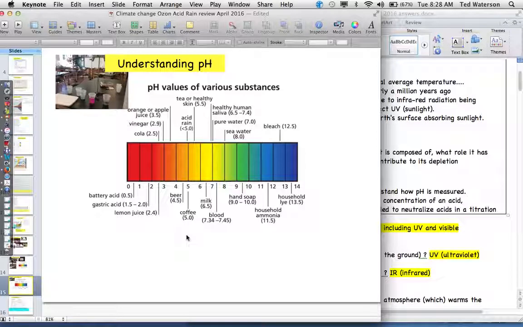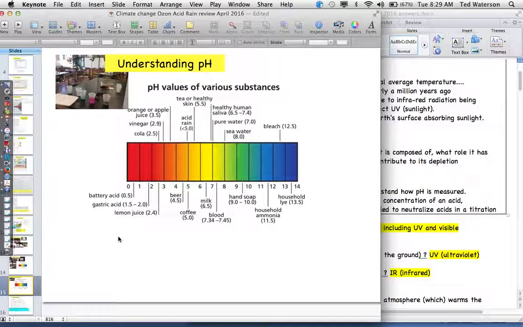The nitrogen dioxides, that smog in a jar, can make water acidic. Sulfur dioxide, we didn't really burn any sulfur in the room, but sulfur is another thing that comes from pollution and exhaust and burning fossil fuels, and it tends to mix with water and lower the pH as well.